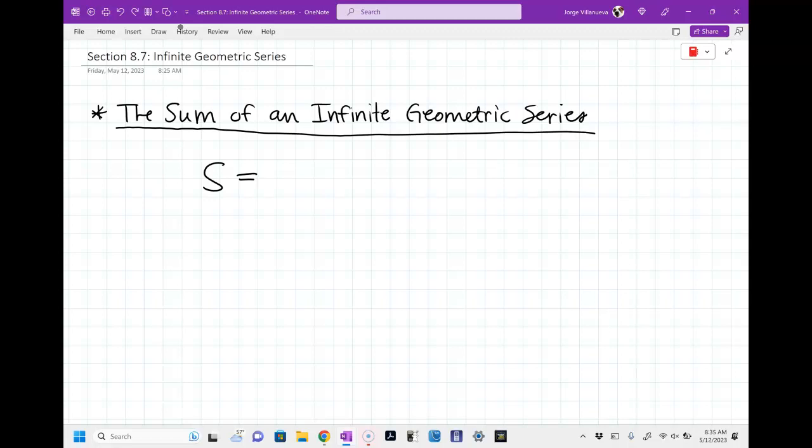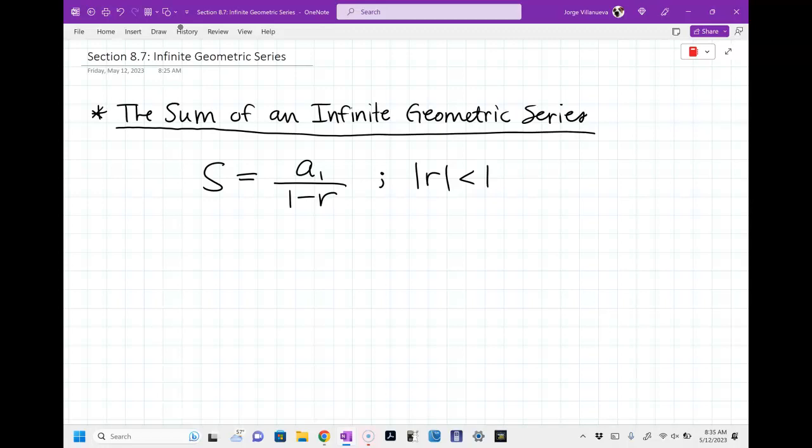The formula is a sub 1 over 1 minus r. That's the formula. A lot easier than yesterday's, right? It's missing something from yesterday's. Yesterday's had the 1 minus r to the n on top as well. So we got rid of that. We don't need it anymore. There is one thing you have to be aware of. The absolute value of r must be less than 1.